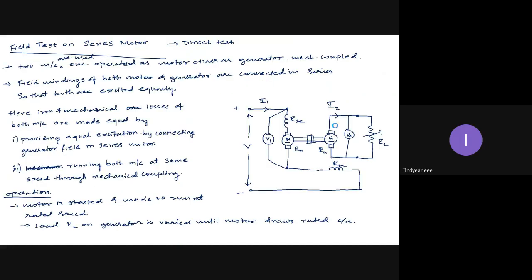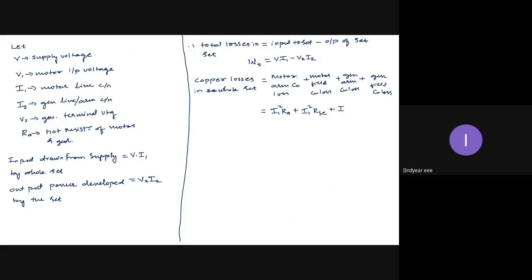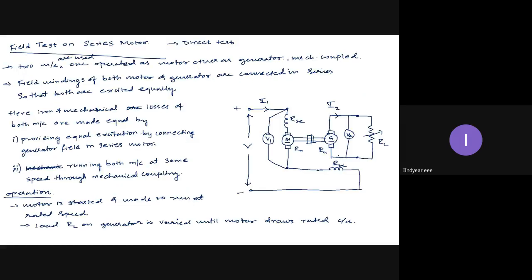plus generator armature copper loss. The armature current of the generator is I2, so I2 square RA plus generator field copper loss. Observe, the generator field is connected in series with the motor, so the current flowing in the generator field is I1, not I2. So it is I1 square RSC.